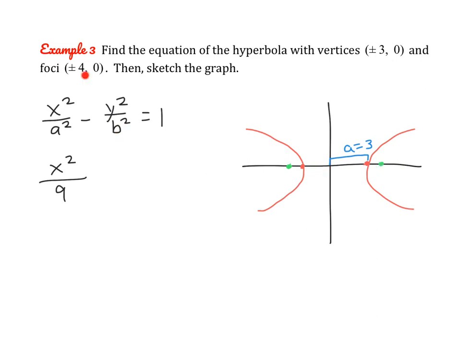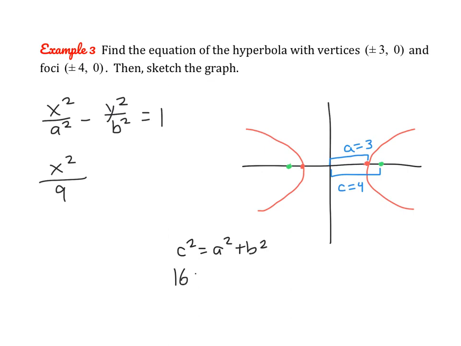From what we are given, we don't know b, but we do know our c value, which in this case is 4. So remember the distance from the center to the focus, which here are the coordinates of your foci. So since we know our c value, we can use this formula, c squared equals a squared plus b squared, to find b.